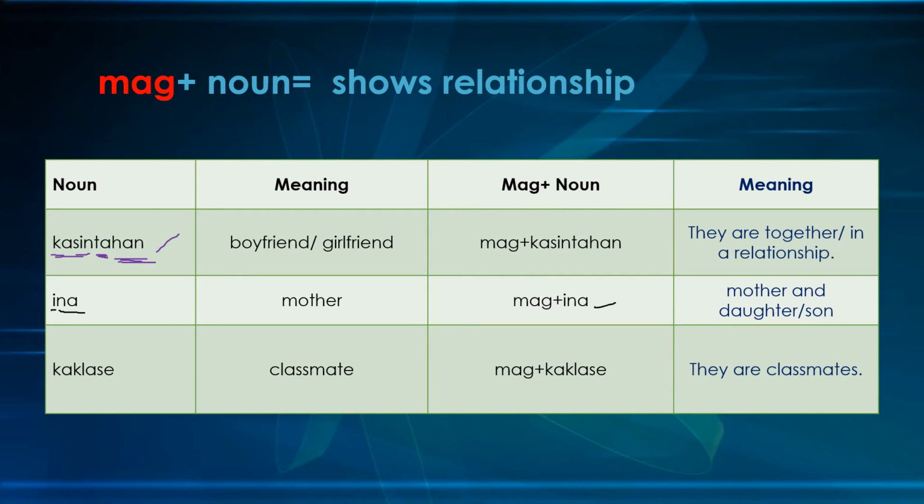When we add mag at the beginning, we show relationship, or we want to tell about the relationship of those persons. So they are classmates. Again, kasintahan, magkasintahan, ina, mag-ina, kaklase, magkaklase.